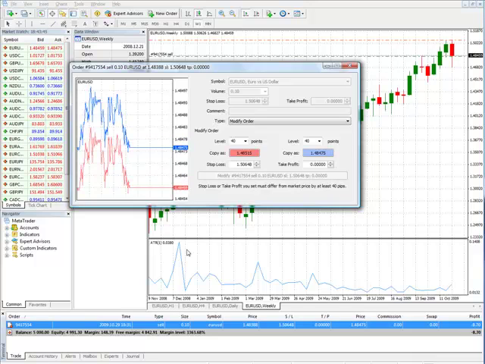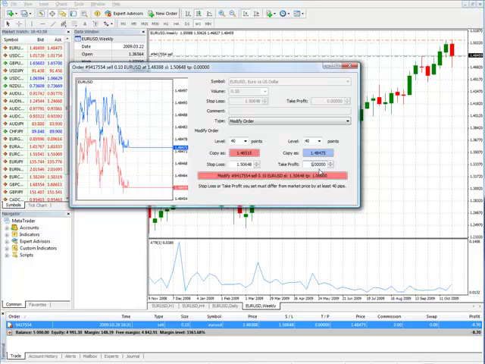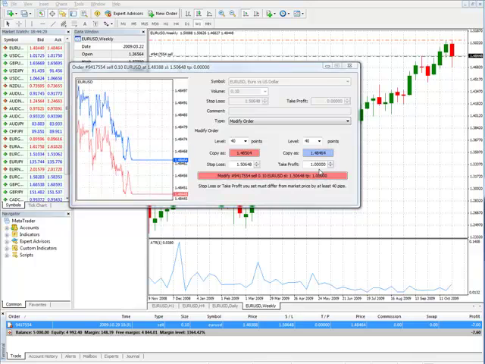So if we're looking at risking roughly 233 pips or so, then let's make our profit 466 pips.